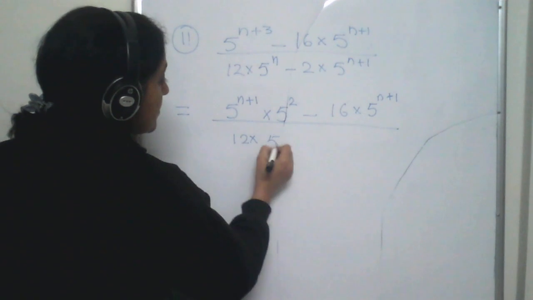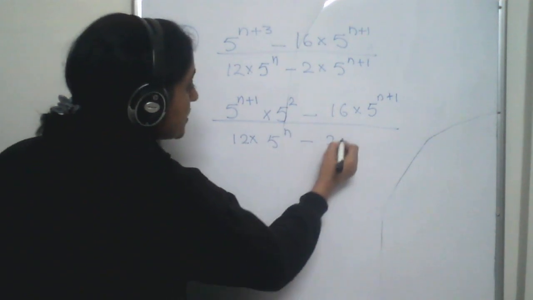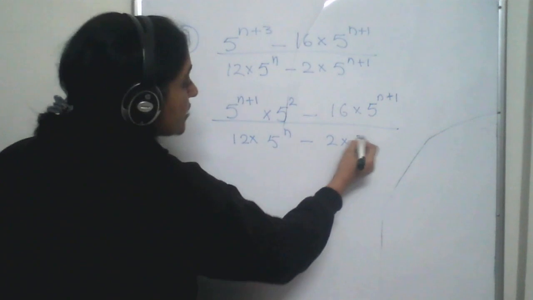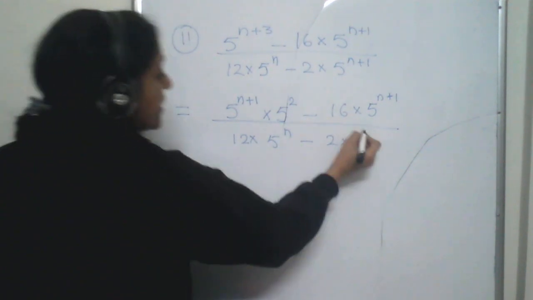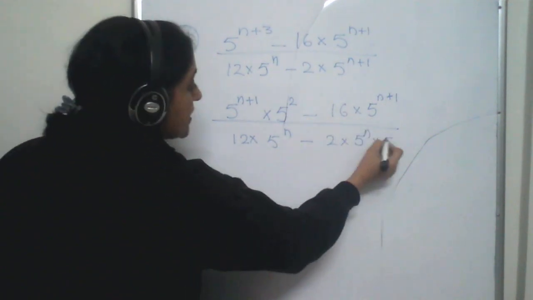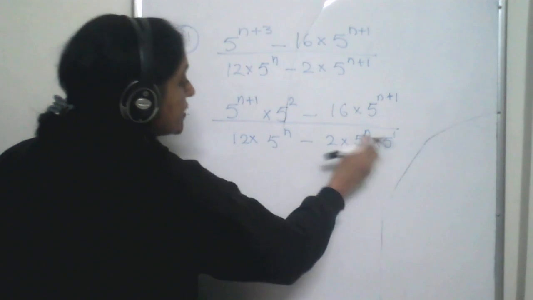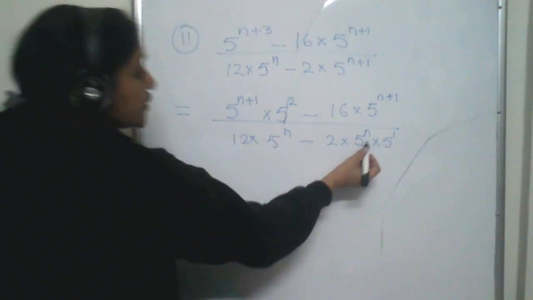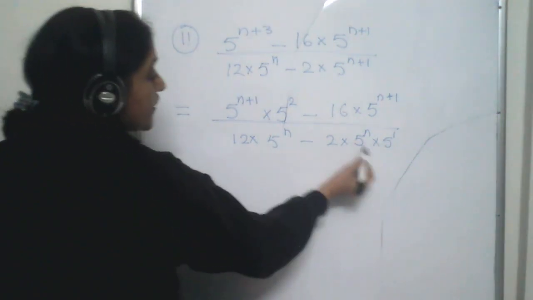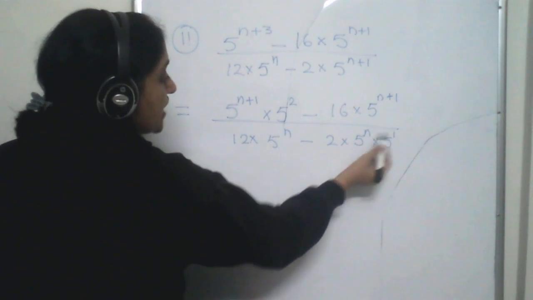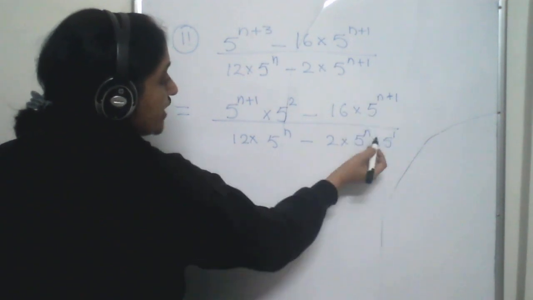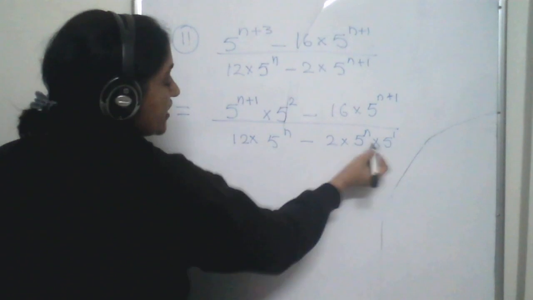12 into 5 to the power n minus 2 into. Now here if I have to take 5 to the power n outside, first I have to separate it: 5 to the power n into 5 to the power 1, because again the same reason, when the bases are equal, exponents can be added. They were already added, I have separated them here.